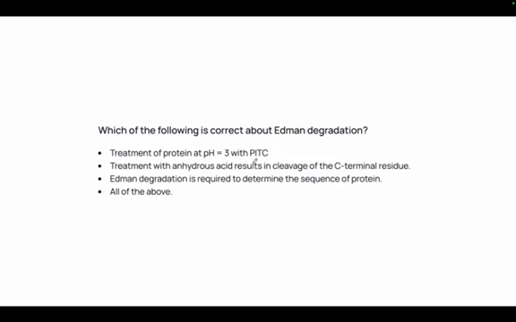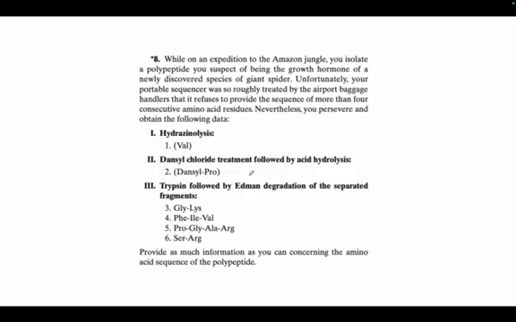But PITC will react with the amine group under mildly alkaline conditions, so this is not correct. So the only correct option here, or the most correct option of these three rather, is that Edman degradation is required to determine the sequence of the protein.